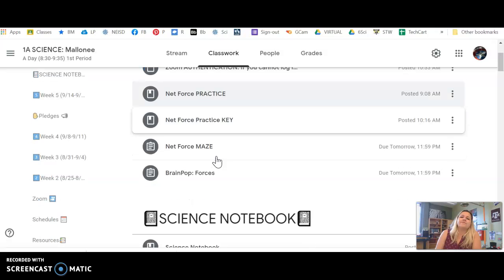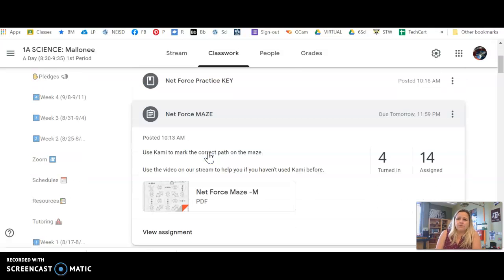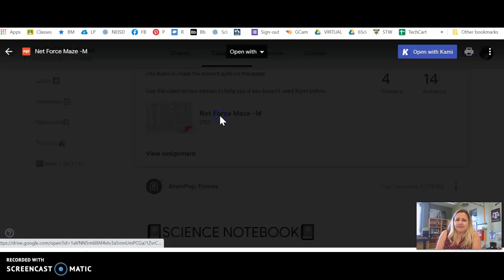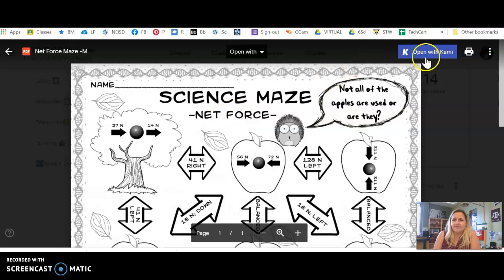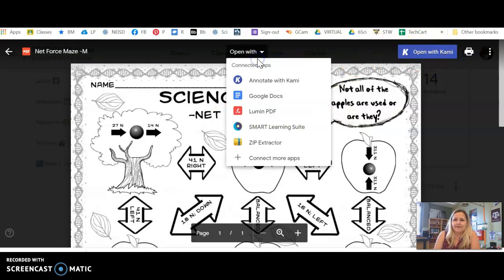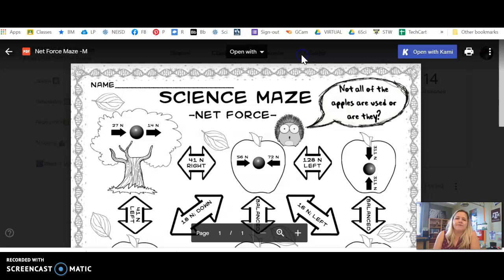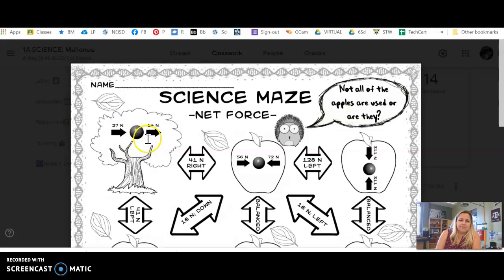Okay. When you've got that done, you will do the net force maze. You'll be using Kami. Notice up here where it says open with Kami, or here, annotate with Kami. If you're not familiar with Kami, there is a video on the stream on Classroom you can watch to help you out. But you're going to start here at the apple tree, and you have 2 options with this net force problem.